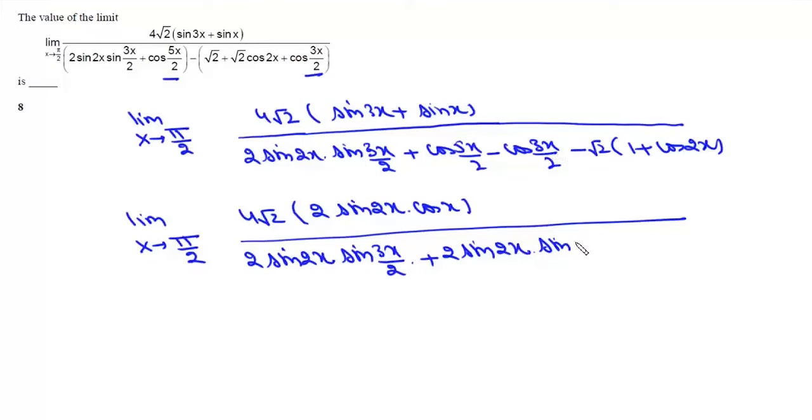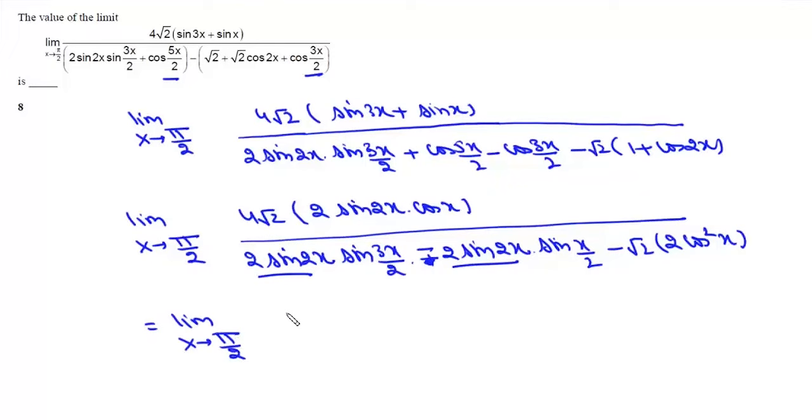So there will be sin x by 2 with a minus sign, and here will be this root 2, and this is 2 cos square x. Now here what we'll do is we'll take 2 sin 2x common. So we'll write this as limit x tends to pi by 2, and this is 8 root 2 sin 2x into cos x.